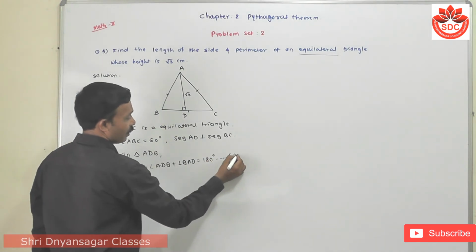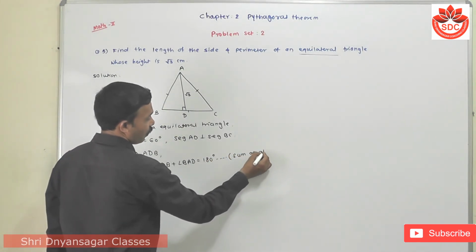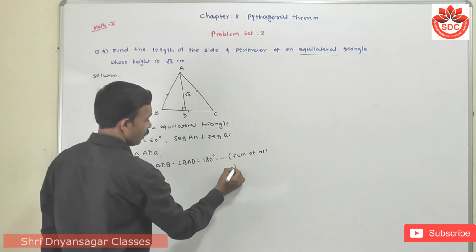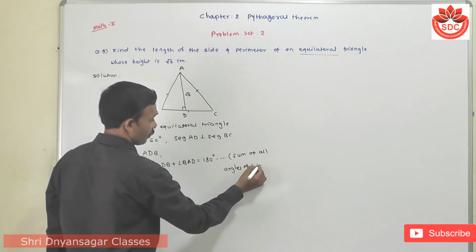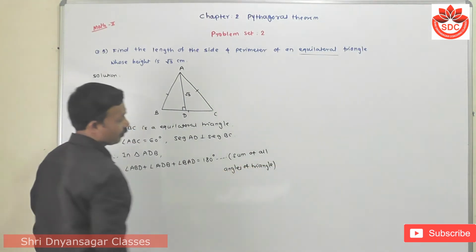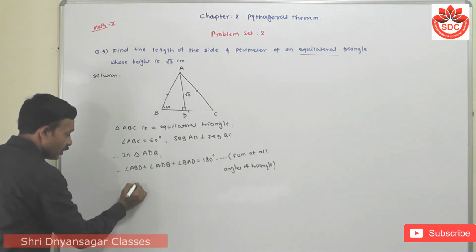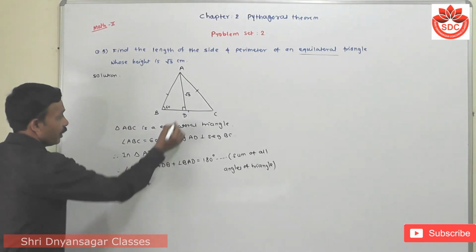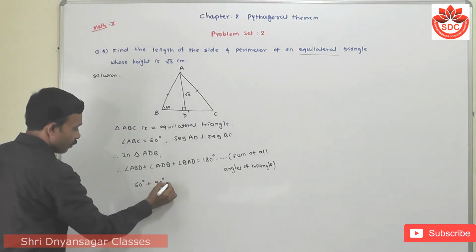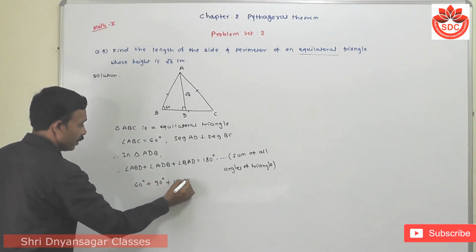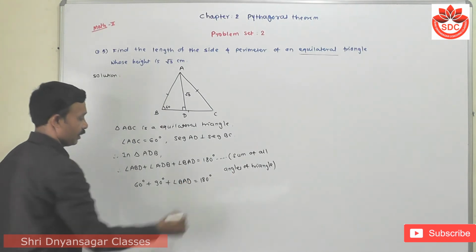The reason is the sum of all angles of a triangle. This is here 60 degrees. Substitute this value. ABD is how much? 60 degrees. ADB is 90 degrees. Plus we have to find out here BAD is equal to 180 degrees.